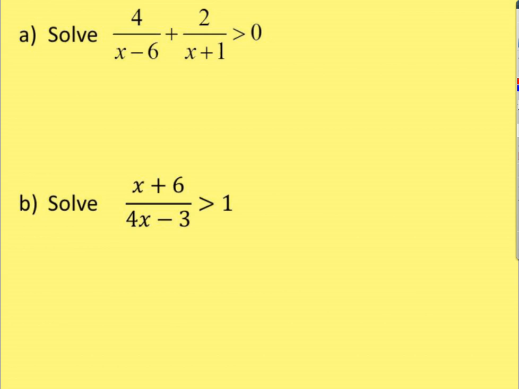On the next example, we do not have this as greater than or equal to or less than or equal to 0. So we first have to take that 1 to the other side. Now 1 can be written as 1 over 1.